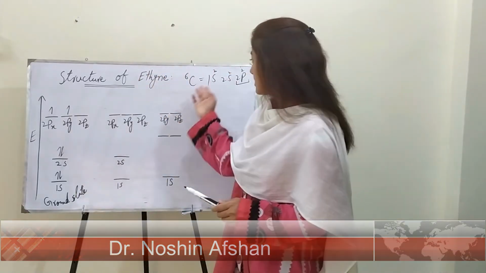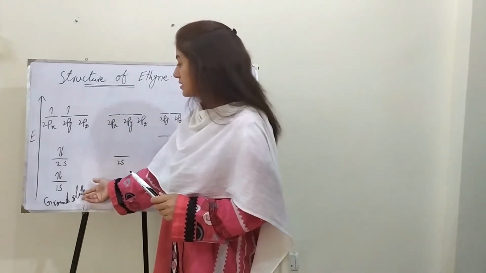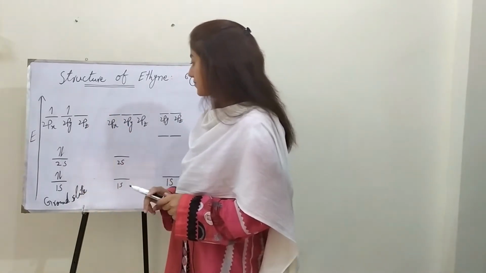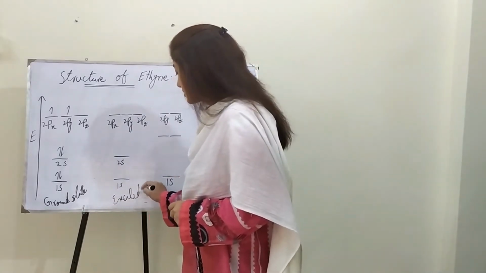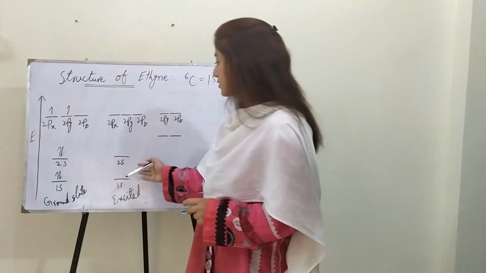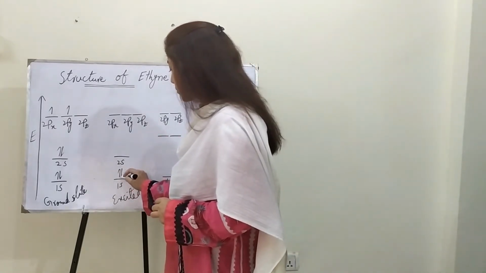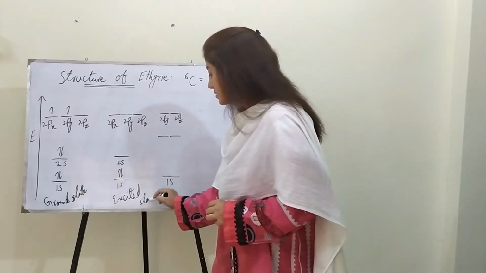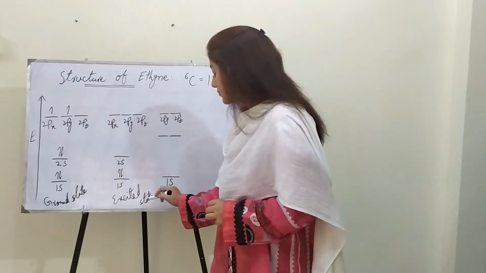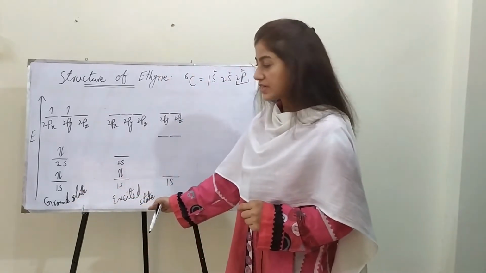configuration. The electronic configuration at the ground state of carbon looks like this, and at the excited state the electronic configuration becomes like this one. Here, what is the change when we move from the ground state to the excited state?